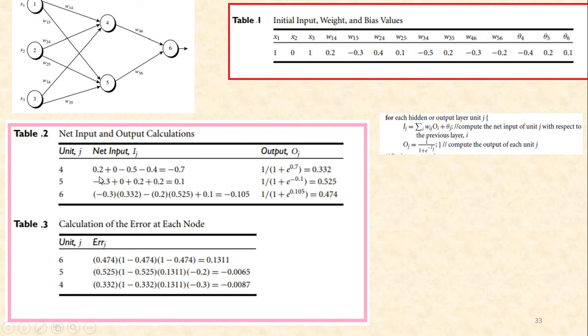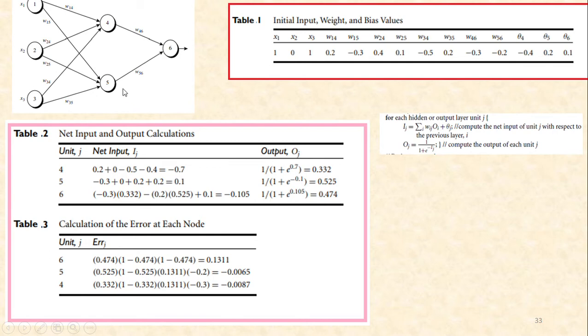So it is 0.2 plus 0 plus minus 0.5 plus the bias. The bias is given as minus 0.4. Hence the expression is 0.2 plus 0 minus 0.5 minus 0.4. The resultant is minus 0.7.